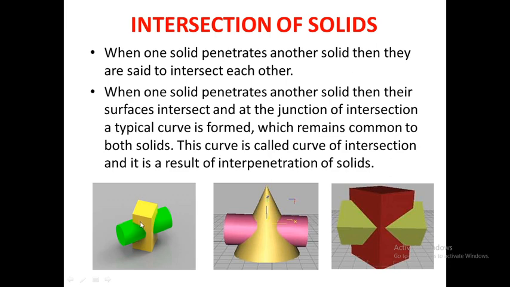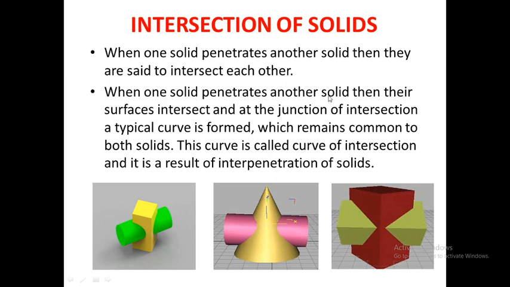So in short, when two solids intersect each other, the lateral surfaces also intersect each other. Similarly, the lateral surface of the cylinder is intersecting with the lateral surface of the cone. And in the last case, the lateral surfaces of the vertical square prism, which are rectangles, are intersecting with the lateral surfaces of the horizontal square prism, which are again rectangles.